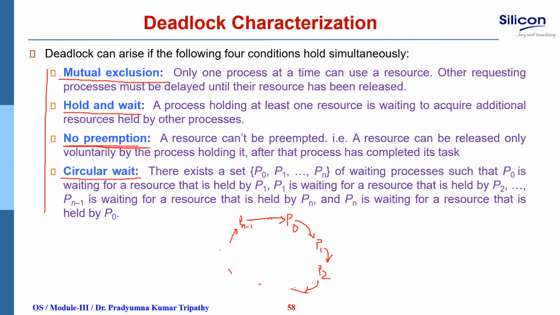So if a deadlock occurs, all of these four conditions need to occur. If any one of these could not occur, then we could break the deadlock.